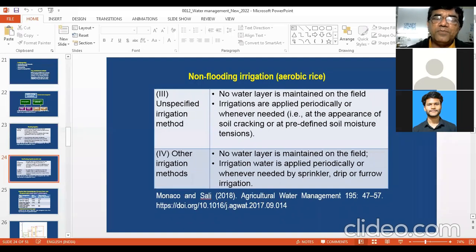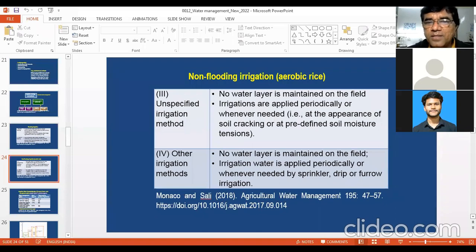In some cases, water scheduling is done based upon soil cracks, particularly in aerobic rice. In aerobic rice, it is suggested that when you get very thin cracks on the soil surface, you can apply water. Before these cracks become wider and become rills, you should apply the water.